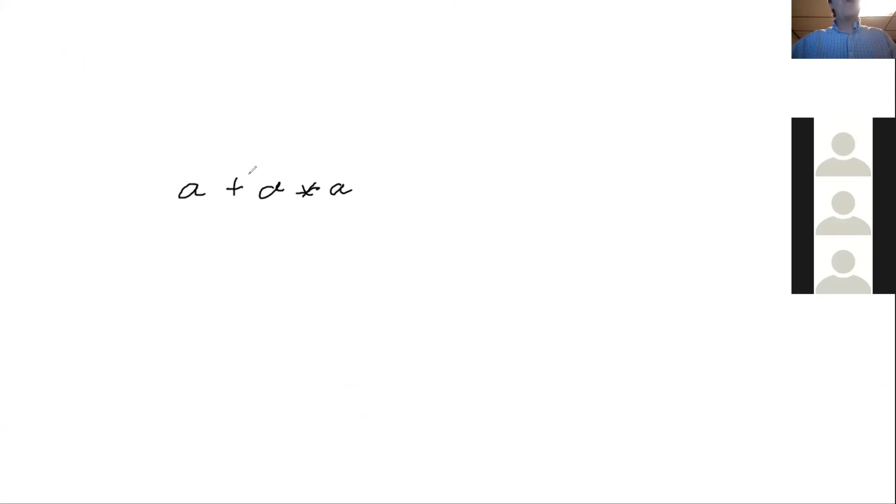The grammar is going to parse it as A plus, because the grammar always said start with an A. And notice it doesn't matter if I write A times A plus A, it'll parse the same. It'll parse it from left to right. So we're looking at a language that is left associative. It parses from left to right, but it doesn't treat the plus or the times as any more important than the other.